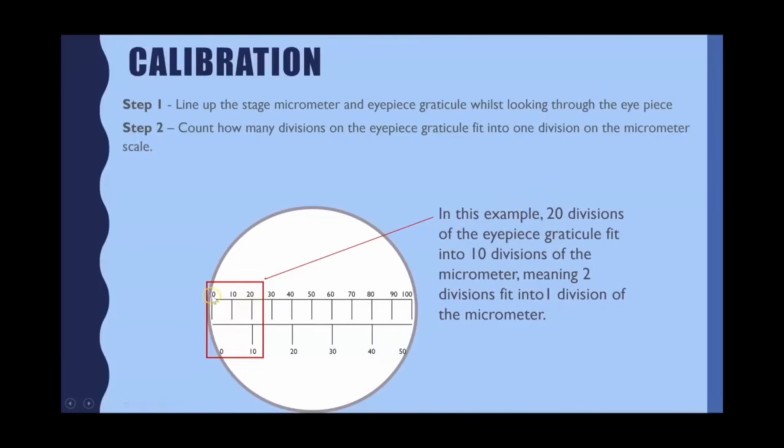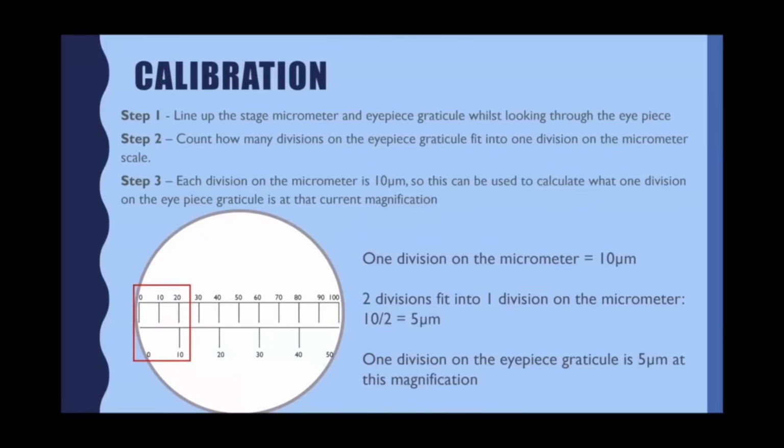We can see here that we have 20 divisions from the eyepiece graticule scale fitting into 10 divisions on the stage micrometer scale. So I've got 20 fitting into 10, or in other words, 2 of the divisions from the eyepiece graticule scale fit into one division of the stage micrometer scale. So we have a ratio of 2 divisions to 1. Now we can link it back to what we said about stage micrometers. On our stage micrometer, one division is always worth 10 micrometers.